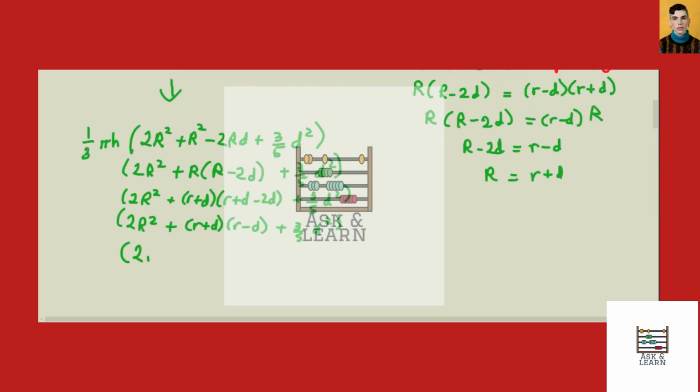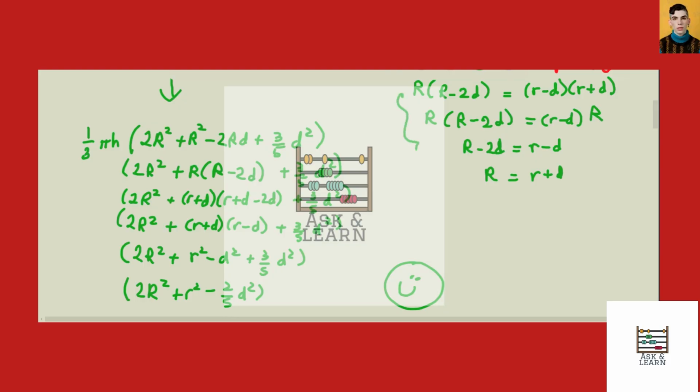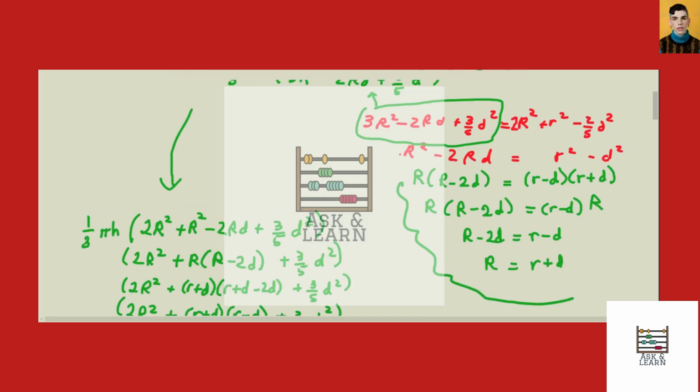Okay, so I get 2r squared plus r squared minus d squared plus 3/5 d squared, and that is 2r squared plus r squared minus 5/5 plus 3/5, that's minus 2/5 d squared. Oh, yay me.